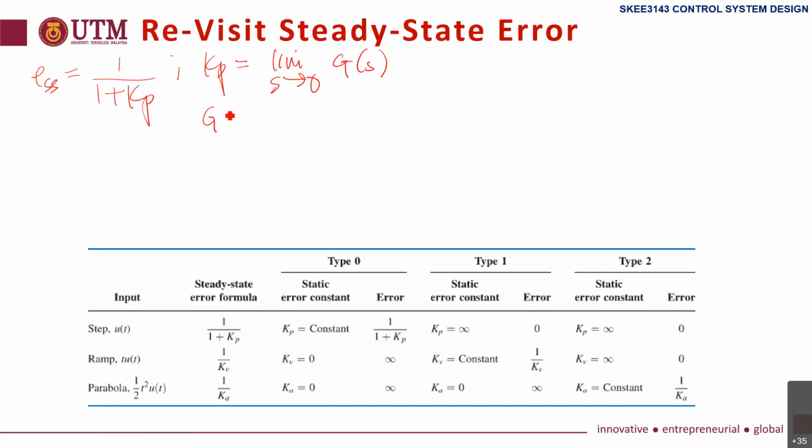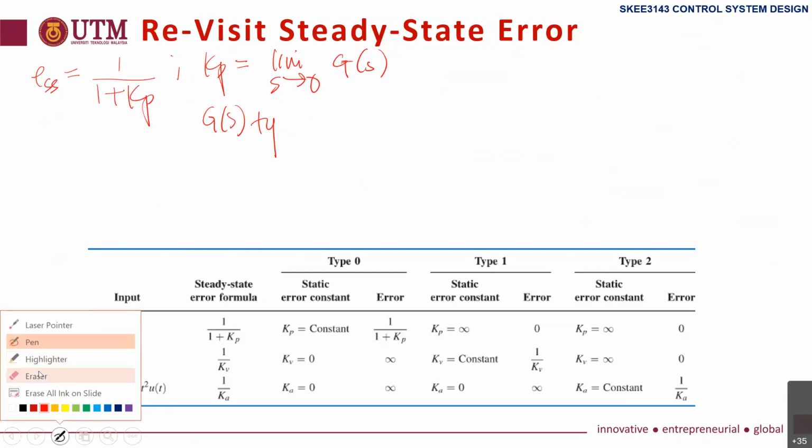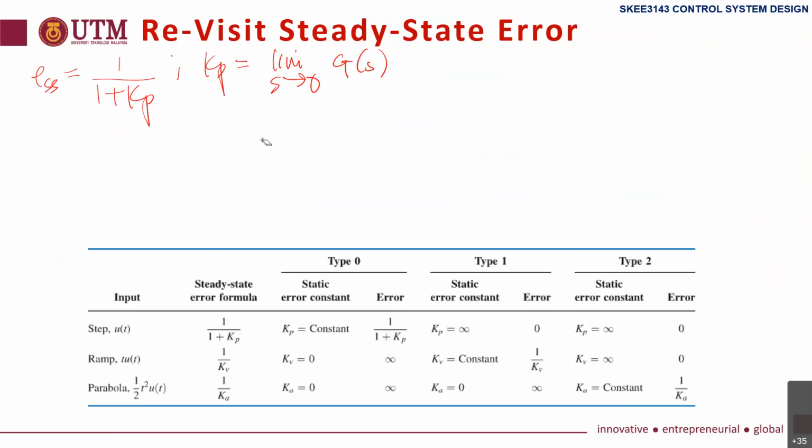Let's take G(s) of system type 0. Example, G(s) equals 2 over (s plus 2)(s plus 3). This is an example of system type 0.